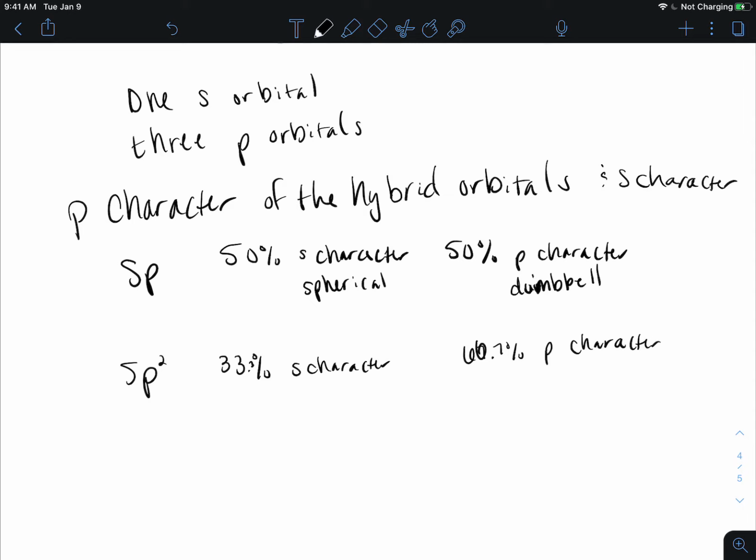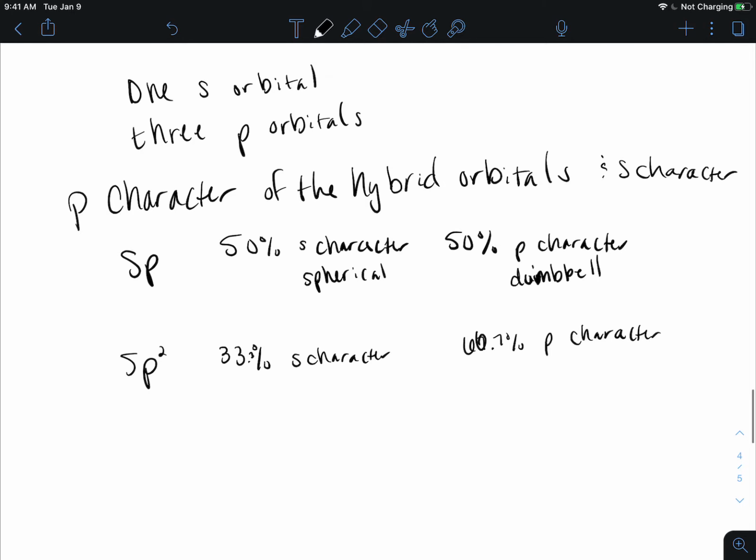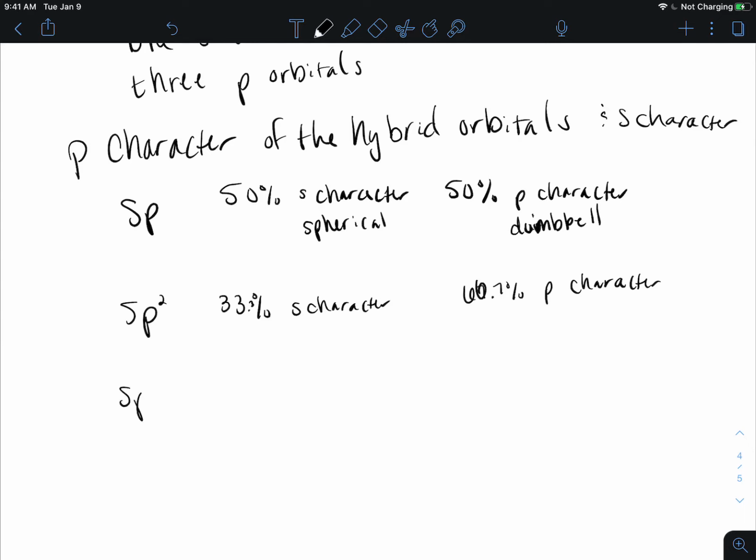So we're getting an elongation of those orbitals because we have greater p character or less s character. And then going into sp3, we're at 25% s character, 75% p character. So they're going to be even less spherical in shape and more elongated.